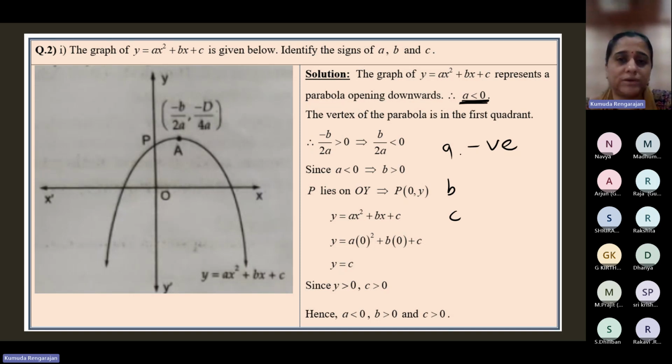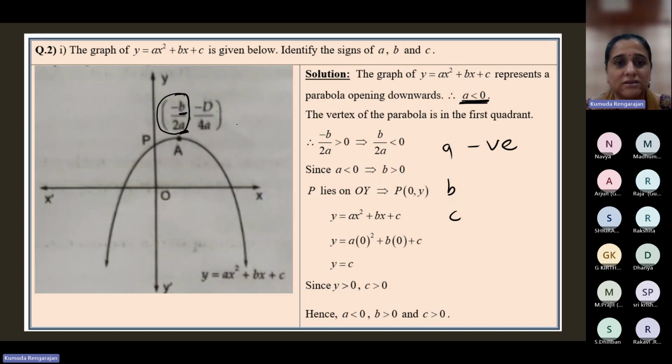Now to find the value of B, sorry, to find the sign B carries, we use the x coordinate of the vertex of the parabola. We use the x because there is B there. And we know A, right?